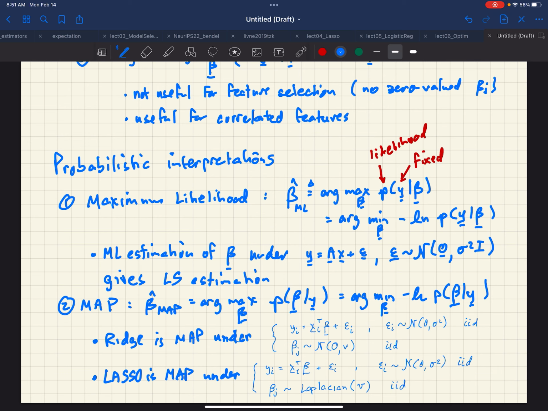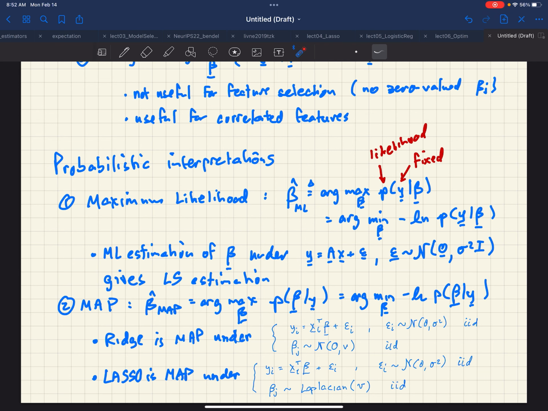Yeah. For the maximum likelihood, you want to maximize the probability of getting the y. But for the MAP, you want to maximize the probability of getting beta. Yes, that's right. In the maximum likelihood case, we're maximizing the probability of y given beta. And in the MAP case, we're maximizing the probability of beta given y.